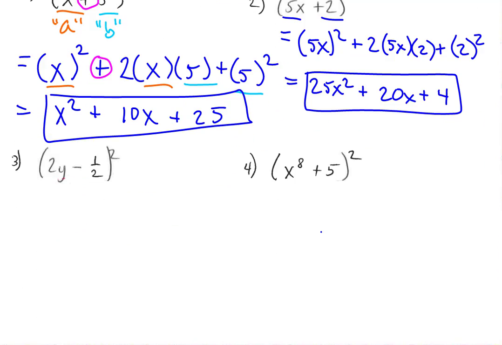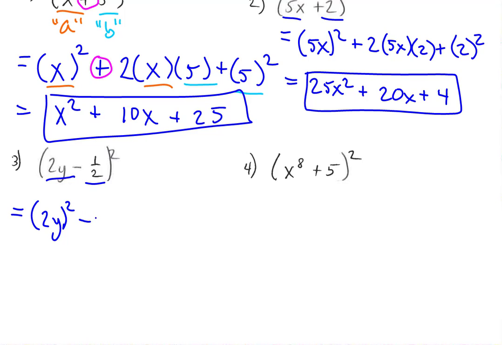Let's try another example. This one begins with a set of parentheses containing 2y minus 1/2. And this set of parentheses is the same kind of setup. It's a difference, though, this time with a minus in between. So we'll identify the 2y as the a part and the 1/2 as the b, and then use the formula as a squared, so that's 2y squared.